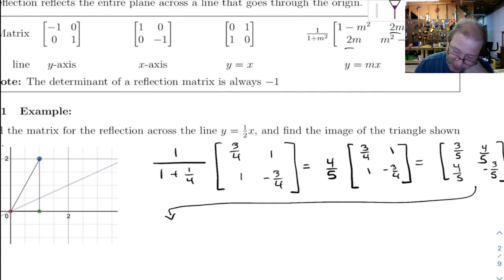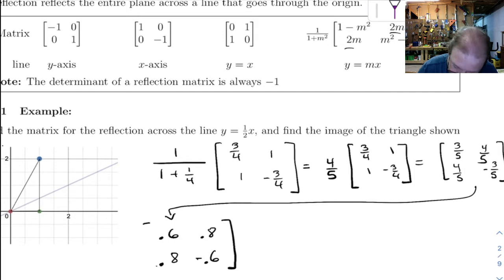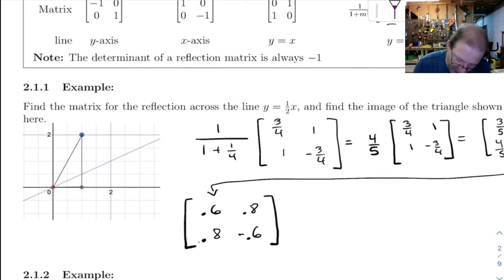I am going to rewrite this using decimals because those are nice decimal numbers. 3/5 is exactly 0.6, 4/5 is exactly 0.8. So that is my answer right there. Well, that's the answer to the first part, find the matrix.